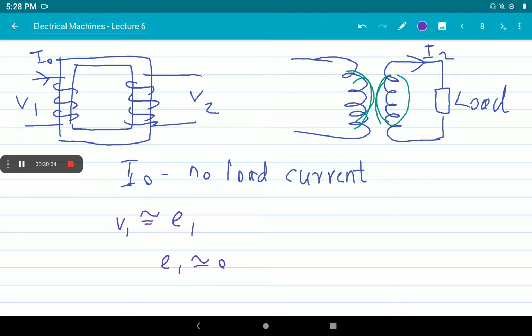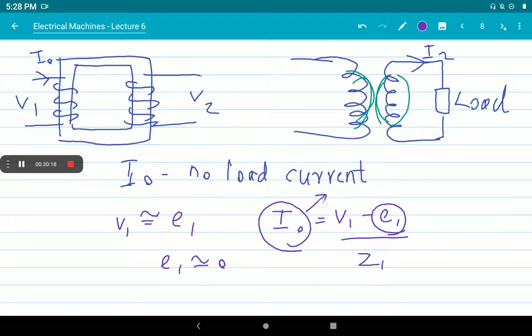Then I0, the no load current, is the terminal voltage V1 minus E1 divided by the impedance of the primary winding. So if E1 turns to 0, I0 becomes large, exactly equal to the secondary ampere turn MMF. So it will try to nullify the change in the secondary, that is I2 and N2.